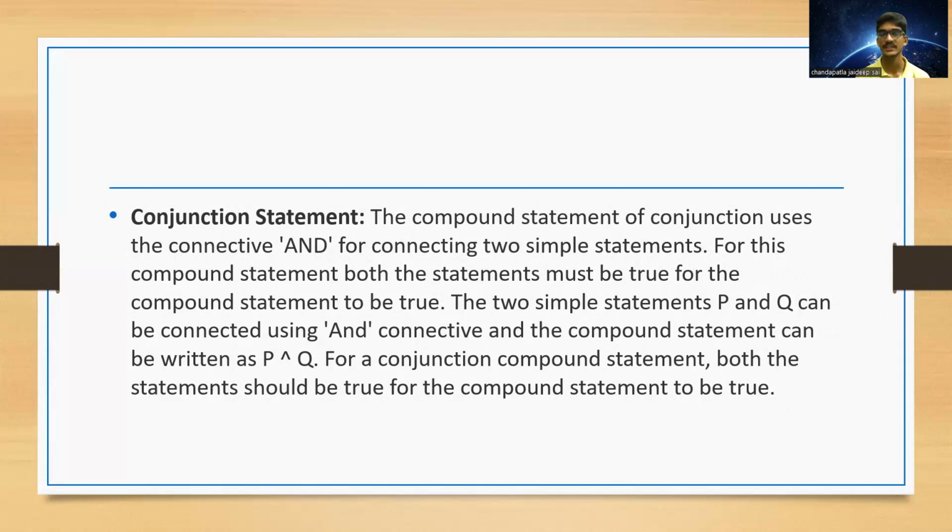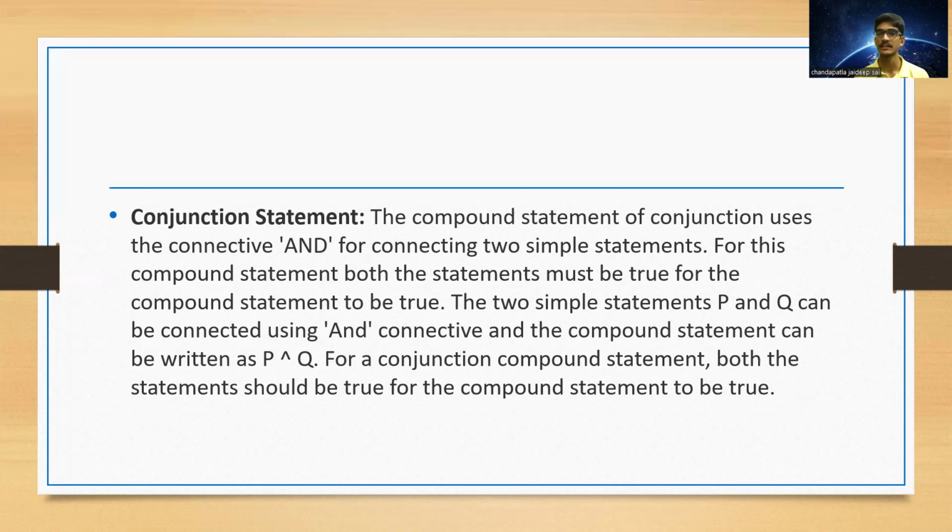So we have discussed the disjunction statement. Now coming to the conjunction statement, if you are given any two statements and we are trying to find the conjunction of the statements, the connective used is AND. So the connective AND is used between any two statements to form a conjunction statement.